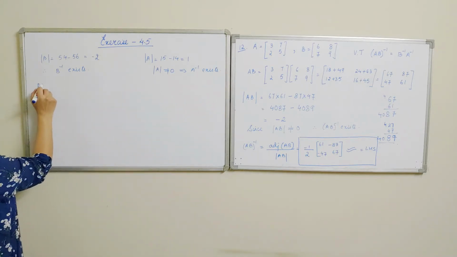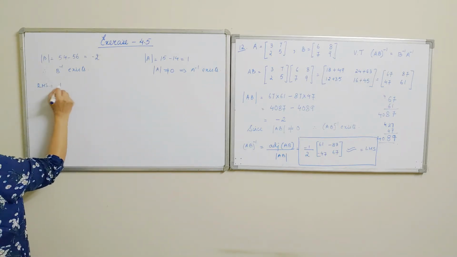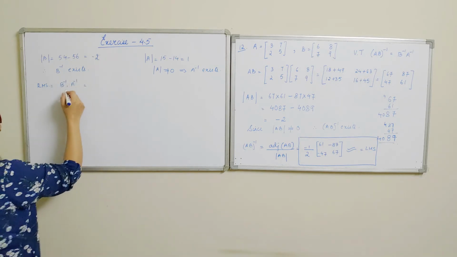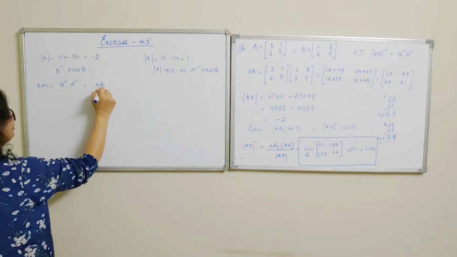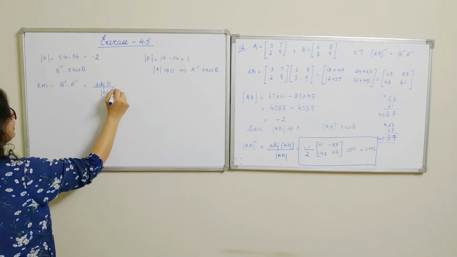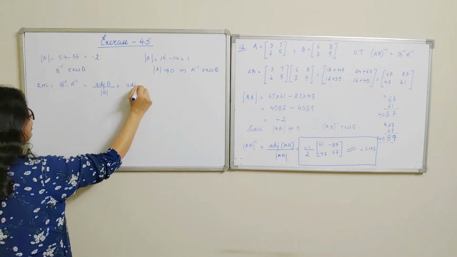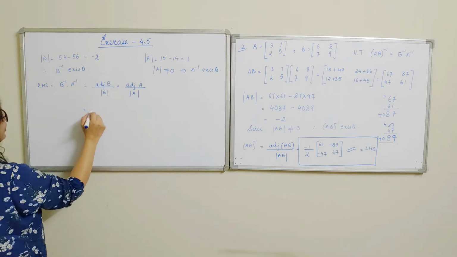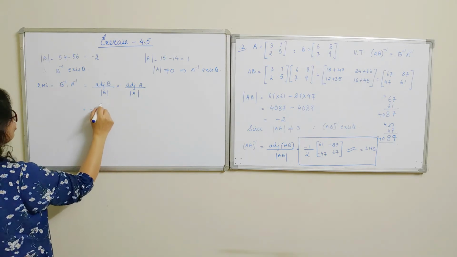So right hand side is product of B inverse with A inverse. So I'll write down here the formula. What we are doing here is multiplying adjoint B upon determinant B with adjoint A upon determinant A. So we know determinant B is minus 2.